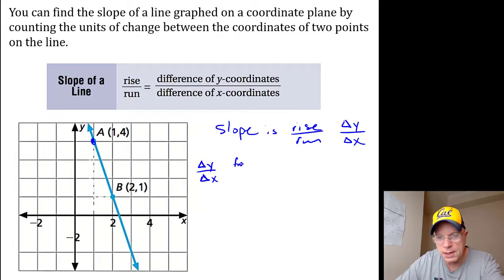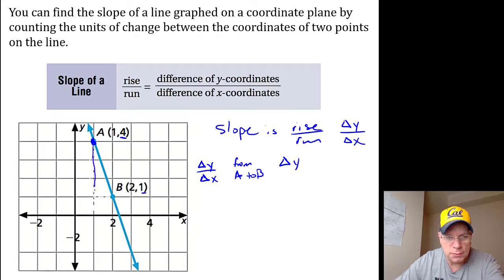If I'm going from point A to point B, then the delta y, the change in y, well, at first I'm way up here at 4, and then I moved down to 1. So I went down 1, 2, 3. If I went down 3, that's negative 3, a change of negative 3.